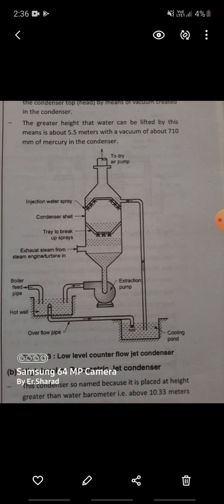In this, the exhaust steam enters from the bottom and cooling water from the top of the cell moves down, and the exhaust steam moves upward. The exhaust steam and cooling water come in direct contact and rapid condensation takes place.